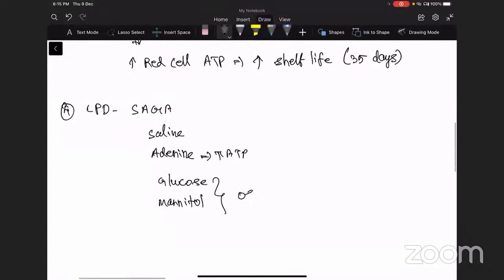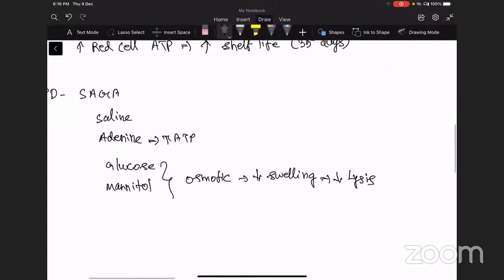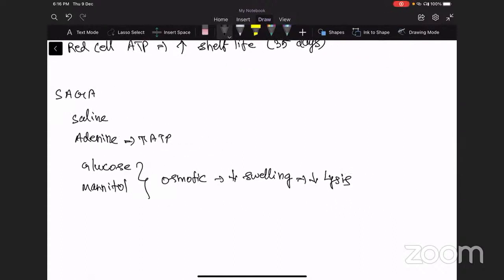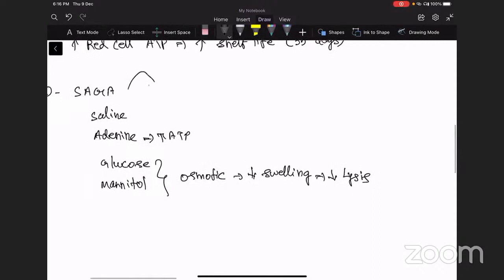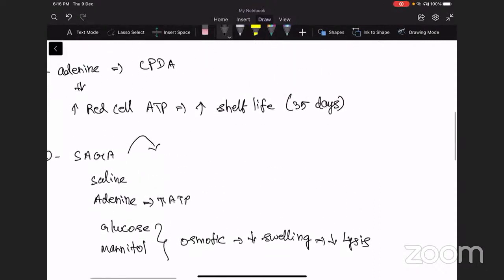Both of these are osmotic, so it decreases the cell swelling, thereby decreasing the lysis or breakdown of RBC, and because of this, the shelf life is going to increase to 42 days.